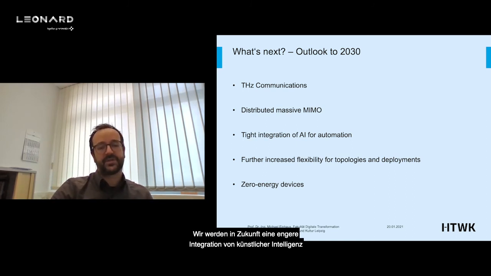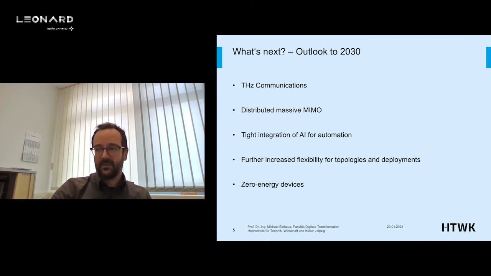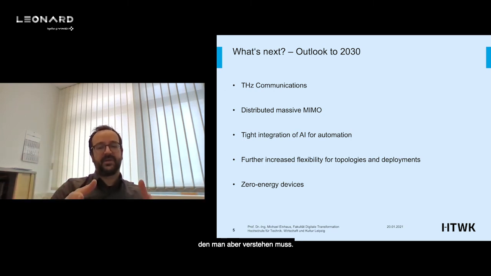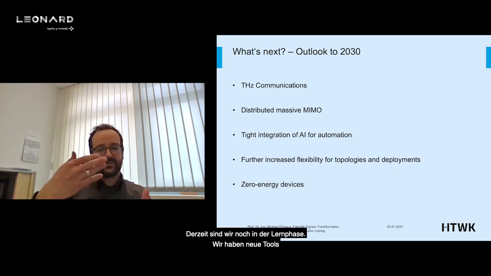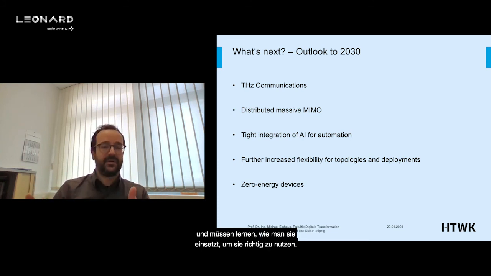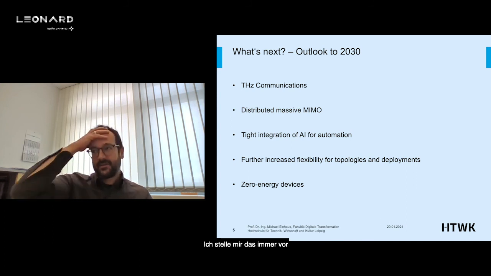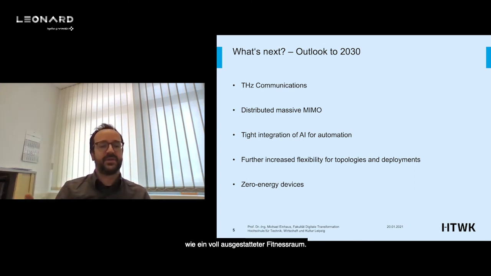We will see in the future more and more tight integration of artificial intelligence for automation, also configuration and adaptation, because we have this incredible feature set, but you have to understand it. Currently we're in the learning phase. We have the new tools, and we have to learn how to use them in the right way. I always imagine this as some kind of fully equipped gym we have currently.